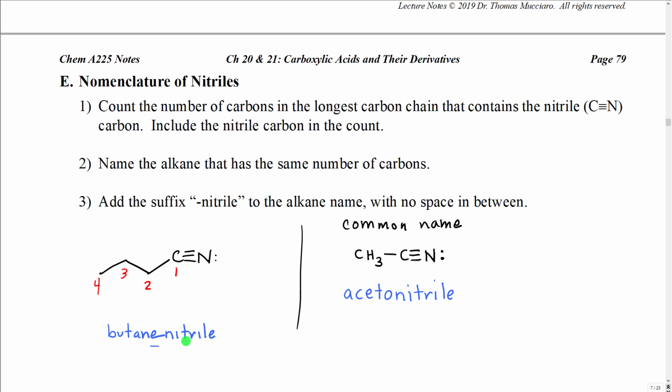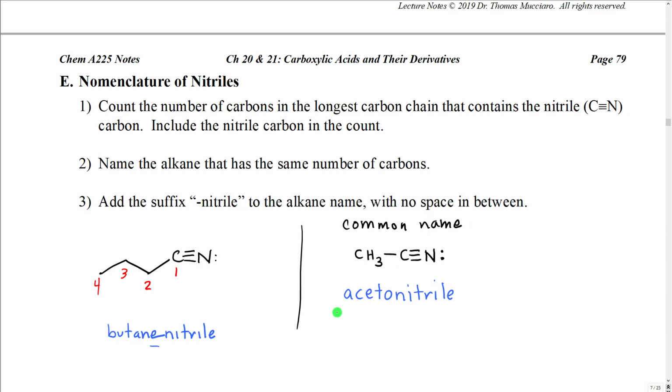Now, because nitrile starts with a consonant, we will leave the E in the first part of the name. There is one common name that I want you to know for nitriles, and that is this one. This one is the nitrile that would be equivalent to acetic acid. In fact, if you treat this nitrile with aqueous hydronium and heat, you would get acetic acid as the product.